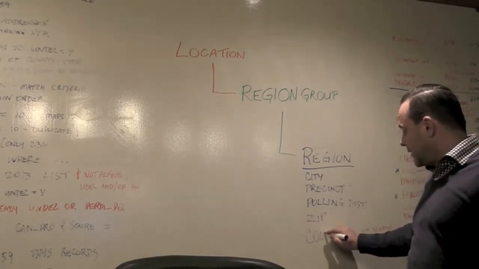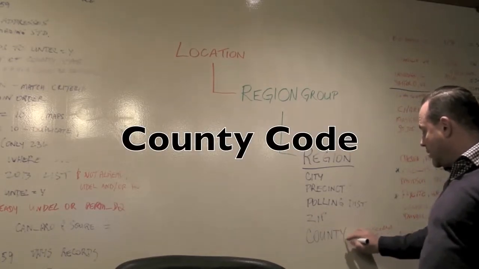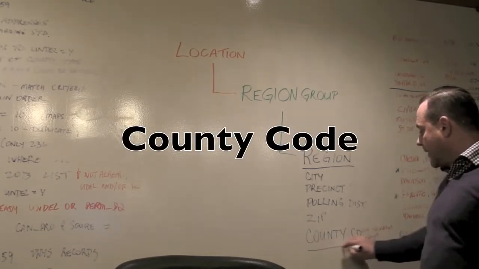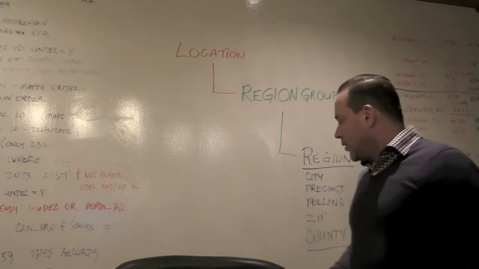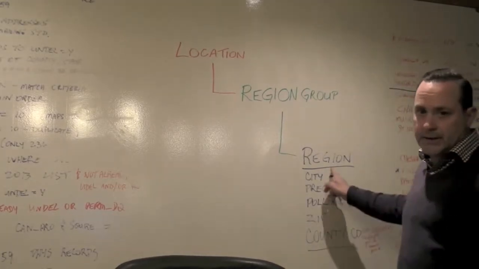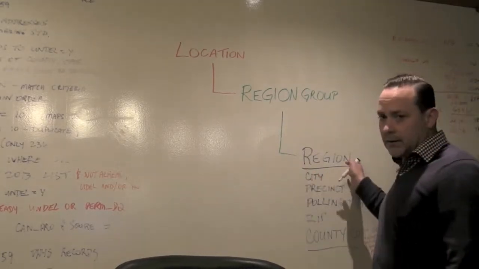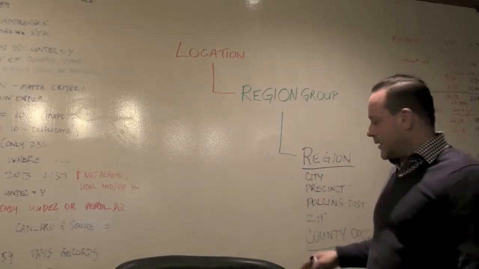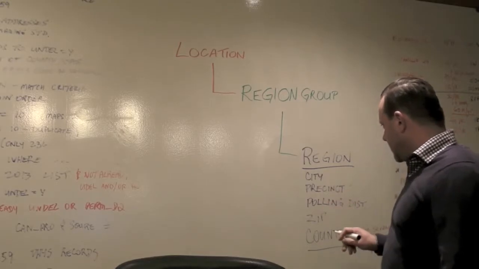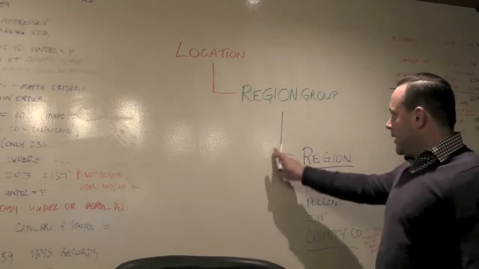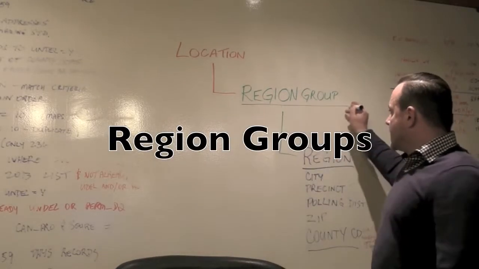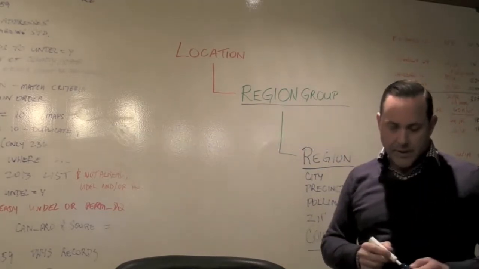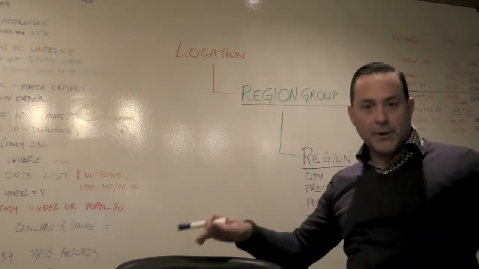Sometimes we see something like a county code as well. We can use any one of these criteria at the very granular level to identify what region a particular juror record belongs in. Regions can then belong to something called region groups, and region groups can have multiple regions.